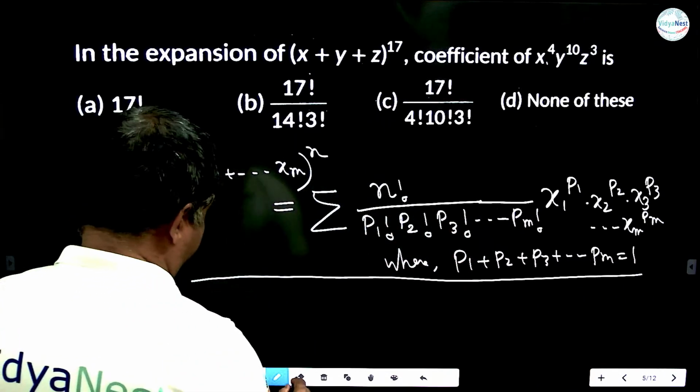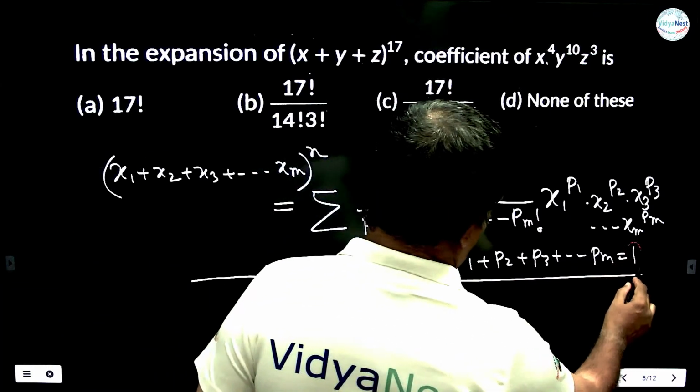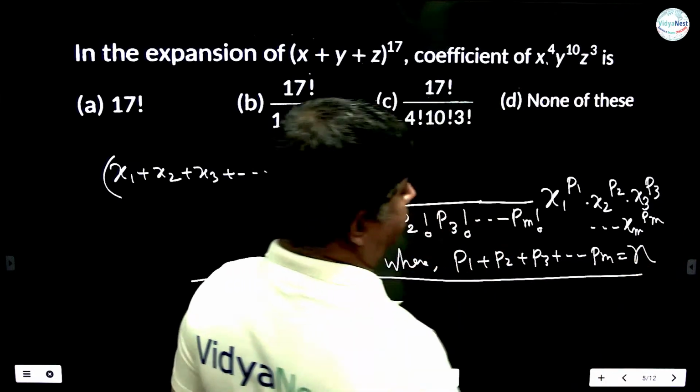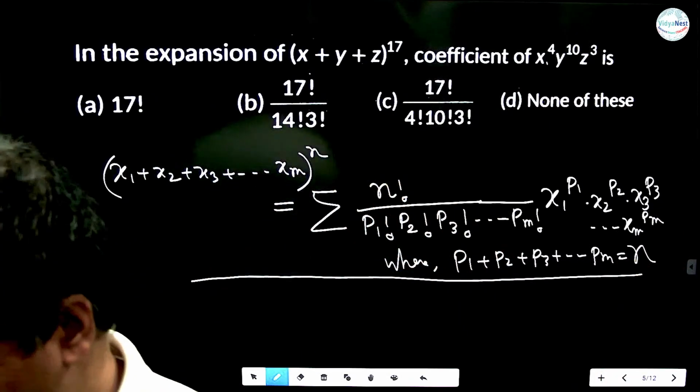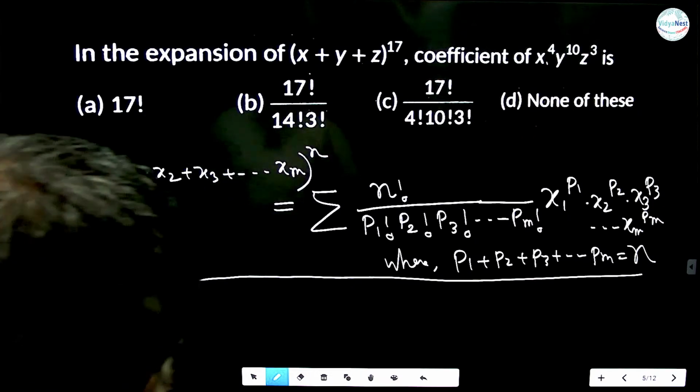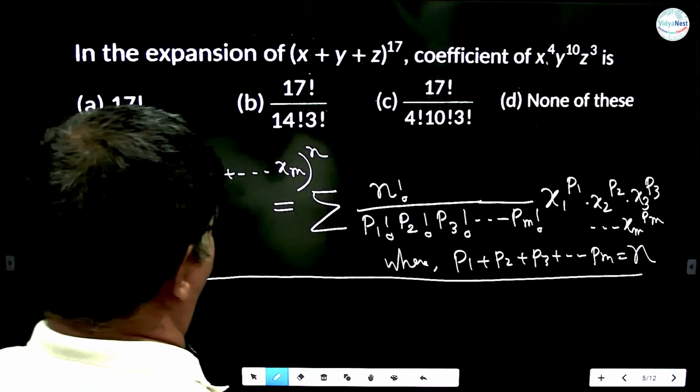So that is the multinomial theorem's expansion.